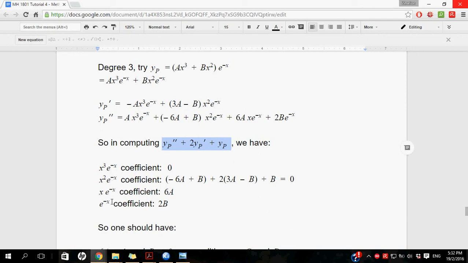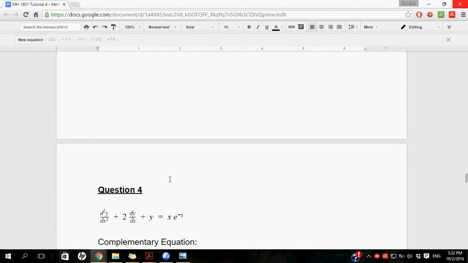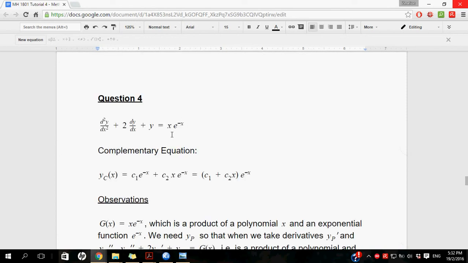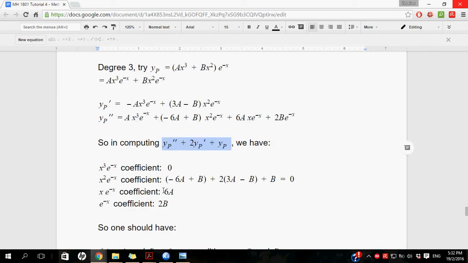But for the term x times e to the minus x, you should get 6a on the left hand side. And by comparing coefficients, it means 6a should be equal to 1, because that is the corresponding coefficient on the right hand side for g of x. And finally we see that the coefficient for e to the minus x should be 2b.